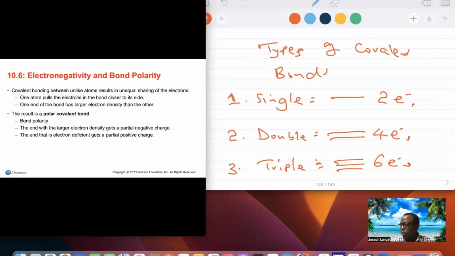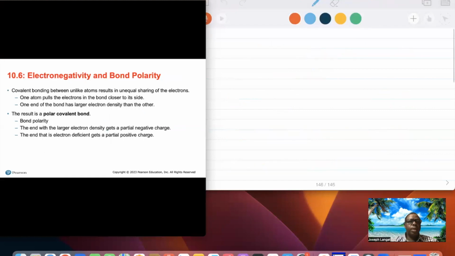electronegativity, section 10.6. To start off with electronegativity and bond polarity, let's define electronegativity. You should be able to define this.